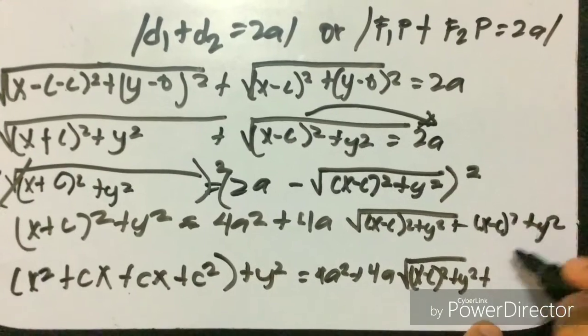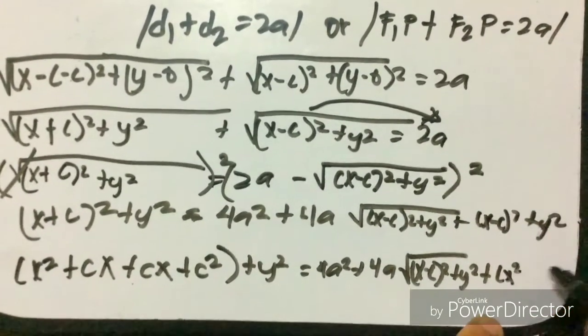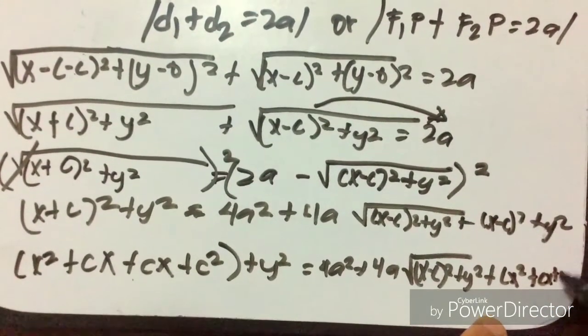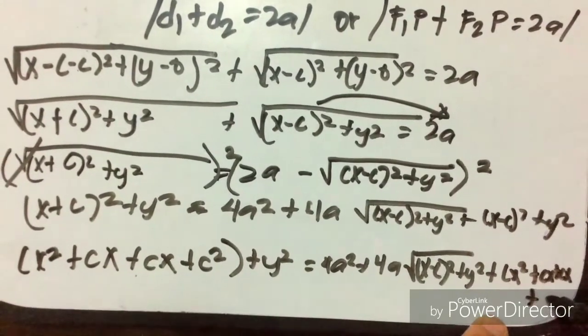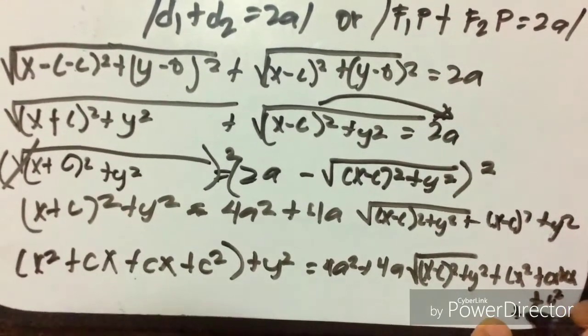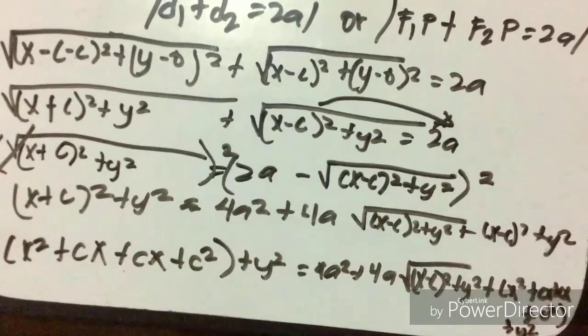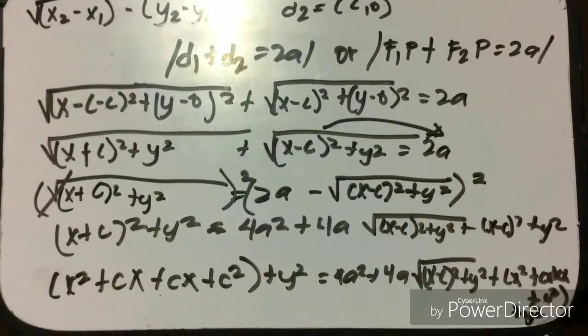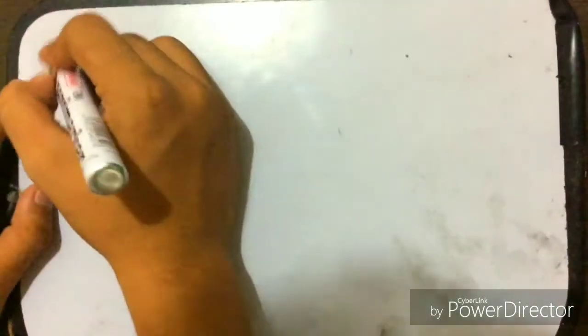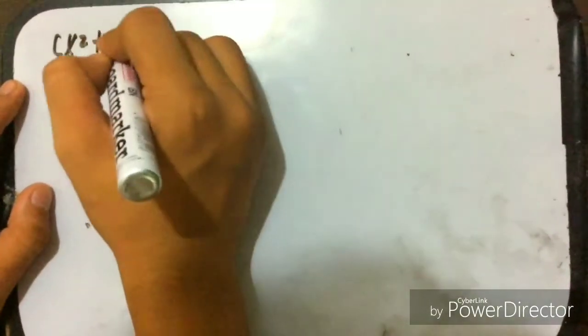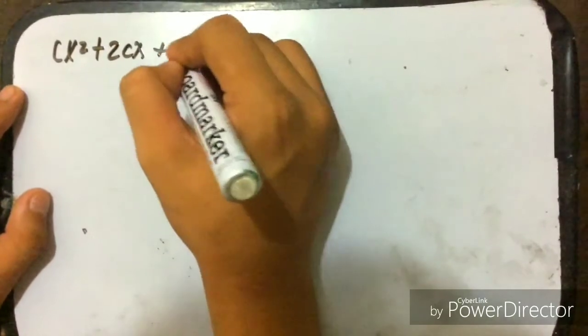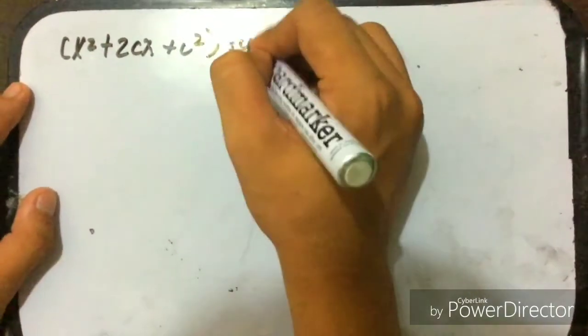Expand the square again: x squared plus cx plus cx plus c squared plus y squared. After expanding the squares, expand the remaining squares: x squared plus 2cx plus c squared plus y squared.